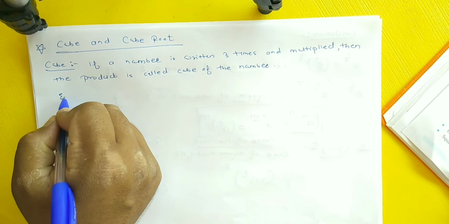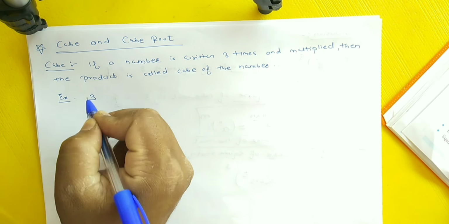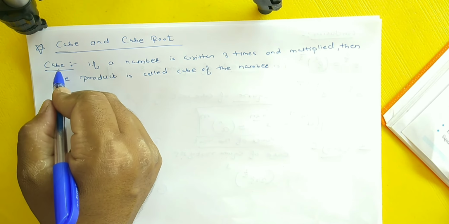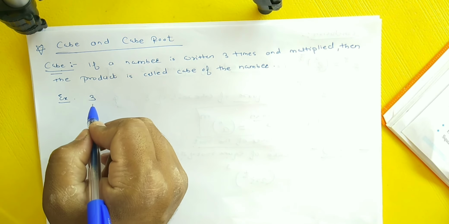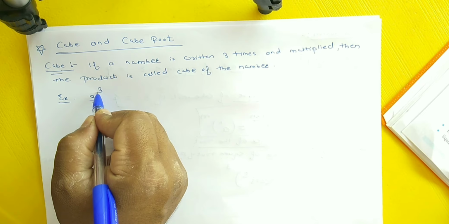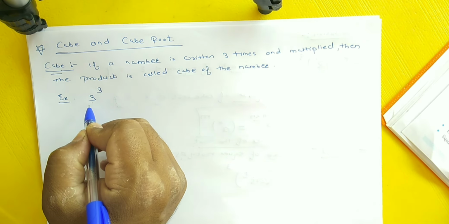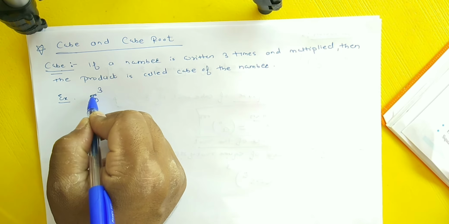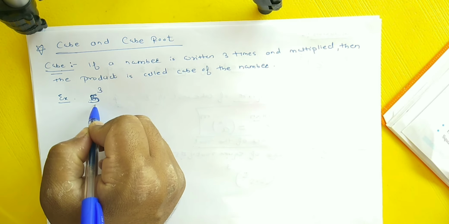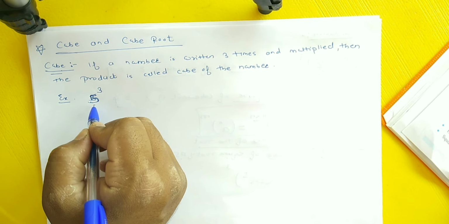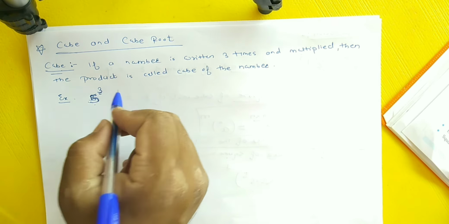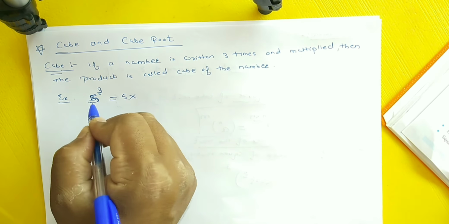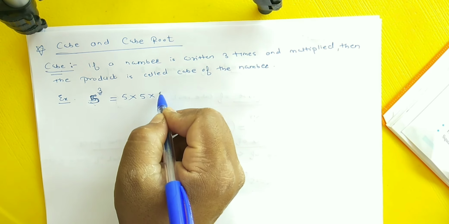What is the meaning of this definition? If we consider any number, suppose the number 5, and we want to find the cube of 5, the power is 3. It indicates multiplication of 5, how many times? 3 times.